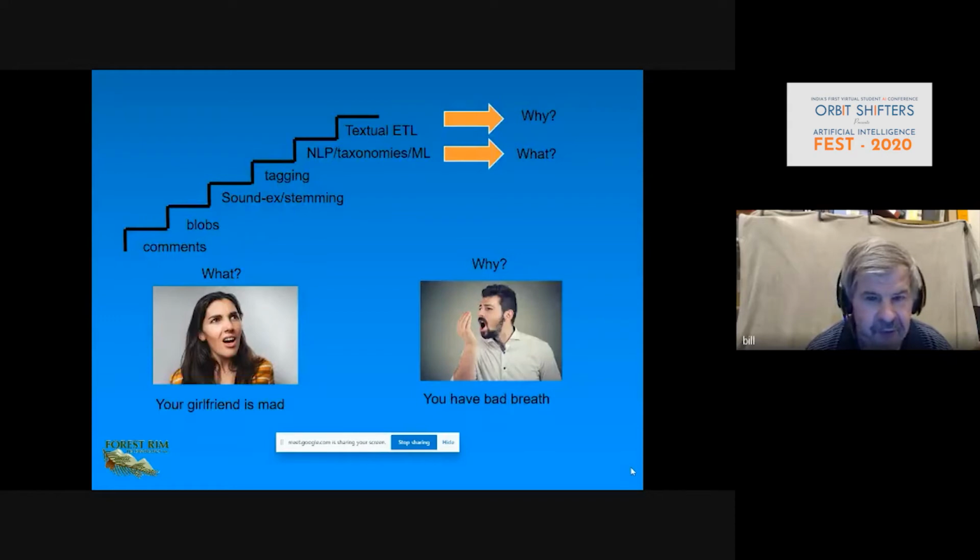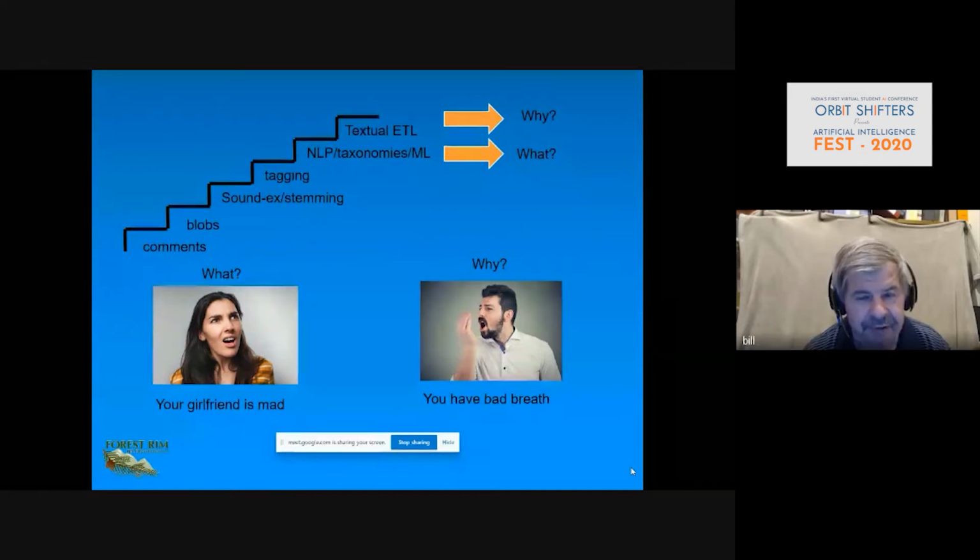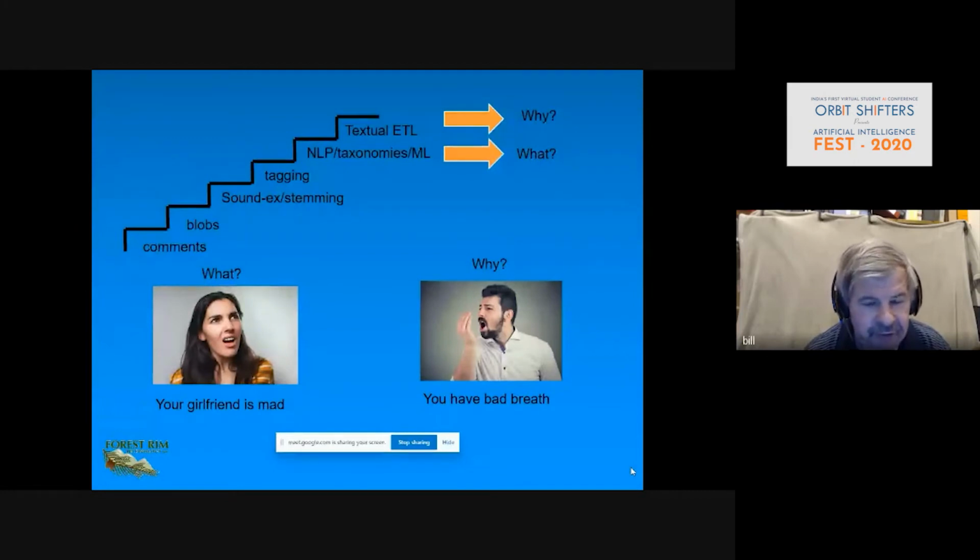So what is the difference between NLP and textual ETL? There are a lot of differences, but the number one difference is context. Textual ETL looks at both text and context, whereas NLP looks at just text itself. The little expression that we use: NLP tells you what your customer is thinking. Textual ETL tells you why your customer is thinking about that.